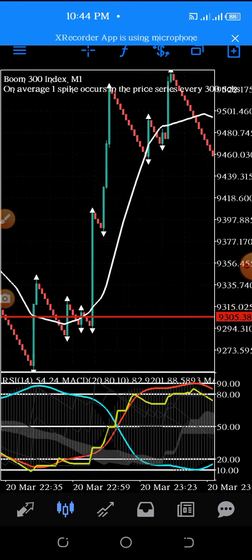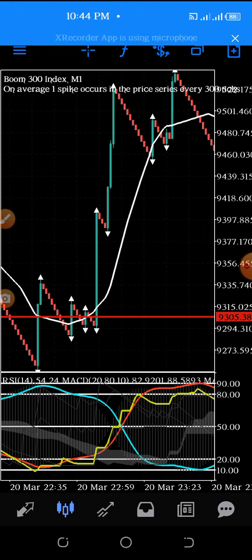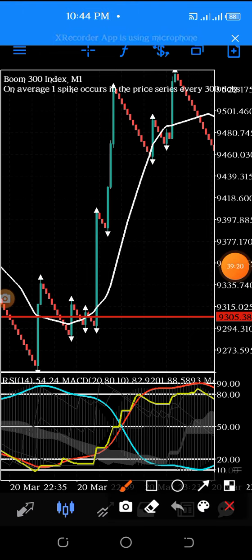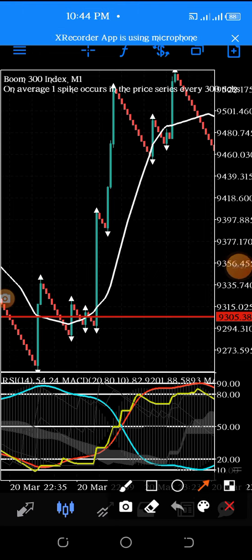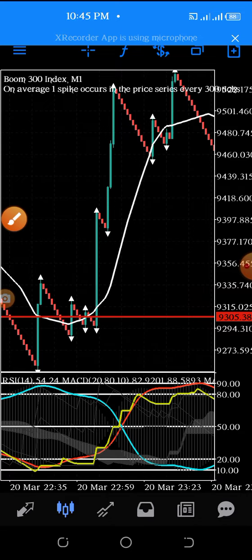And these lines you're seeing here, this red line, this green line, and this yellow line, all these three lines are a strategy, but that should come later, with this white line, the 21 moving average. I'll explain to you later.